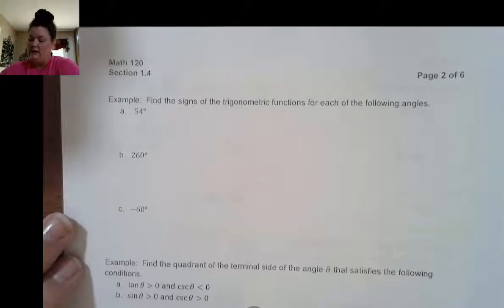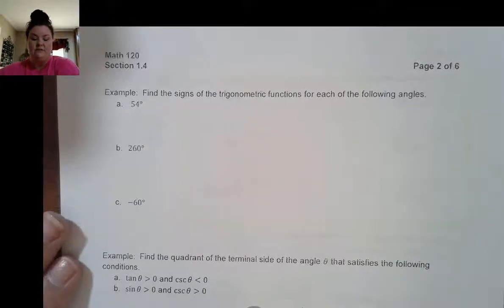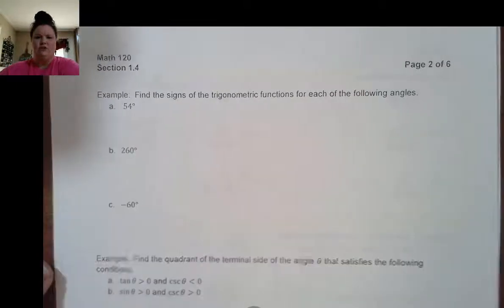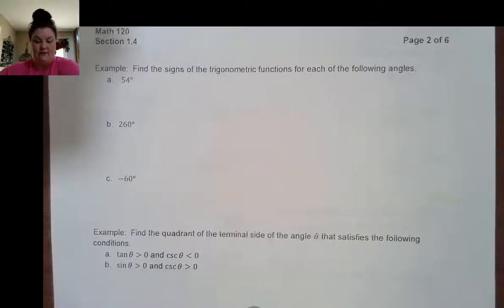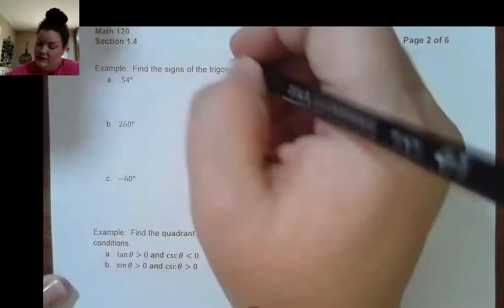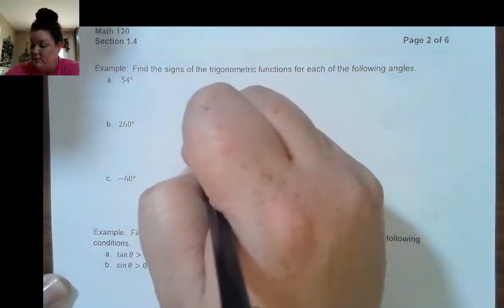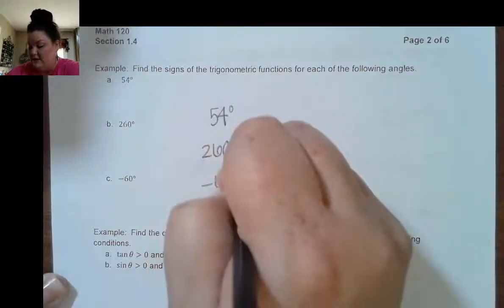So at the top of page 2, it says, find the signs of the trig functions for each of the following angles. And I'm actually going to just create a little chart, because that might be a little bit easier than writing it out for all 3 of them. So I'm going to list all 3 angles. We have 54 degrees, 260 degrees, and negative 60 degrees.